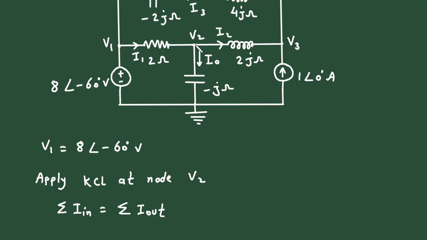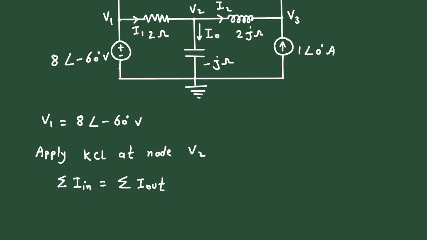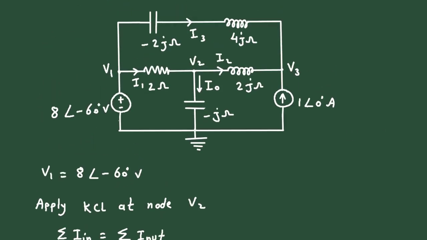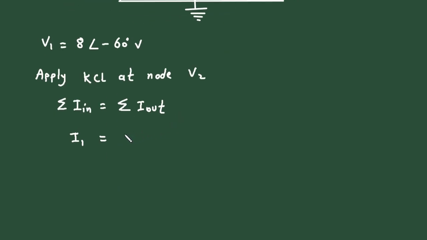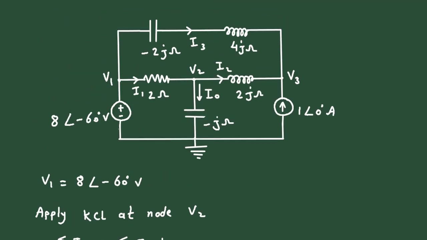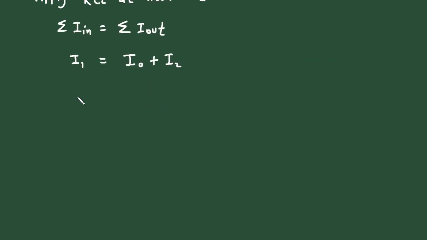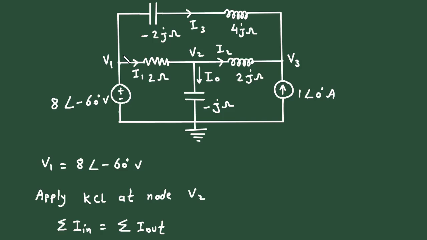Now here at this node entering current is I1. So I1 is equal to leaving current I0 plus I2. Now I1 is V1 minus V2 divided by 2 ohm.